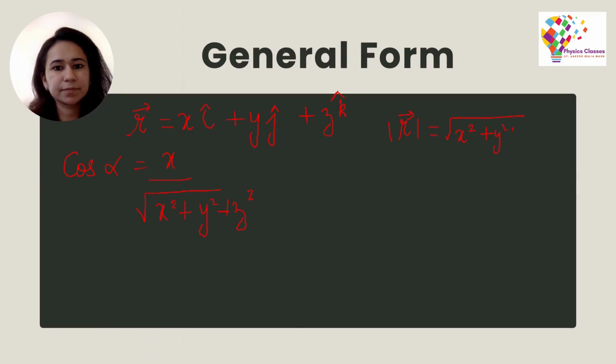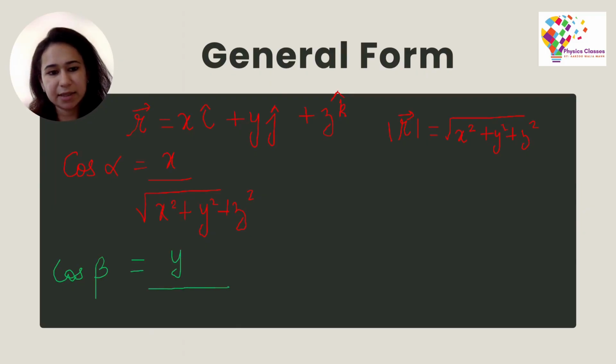So this is my cos alpha. Similarly, cos beta would be equal to the y component divided by the magnitude. So the y component of this vector r is y, and that is divided by the root of x square plus y square plus z square.